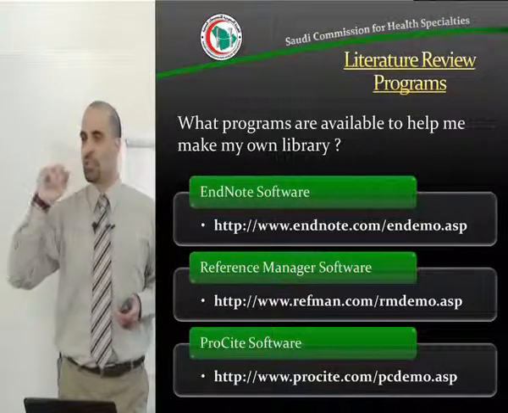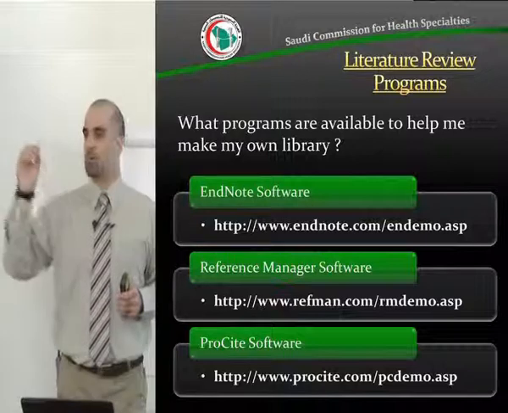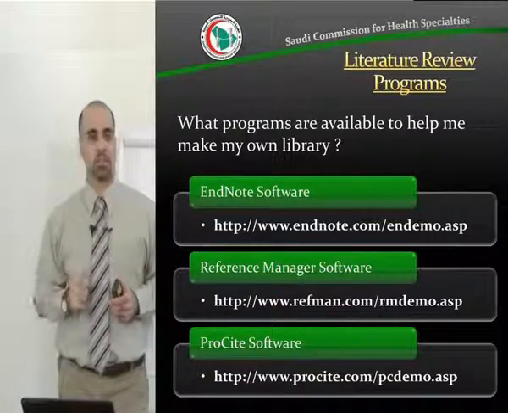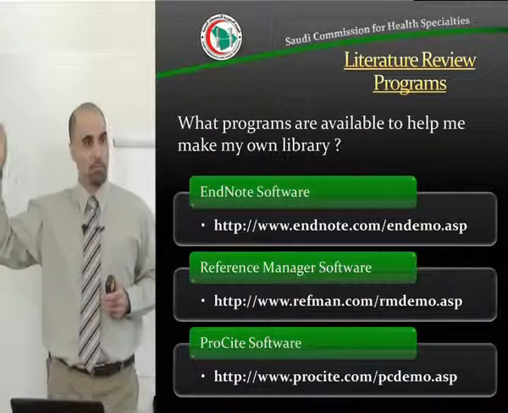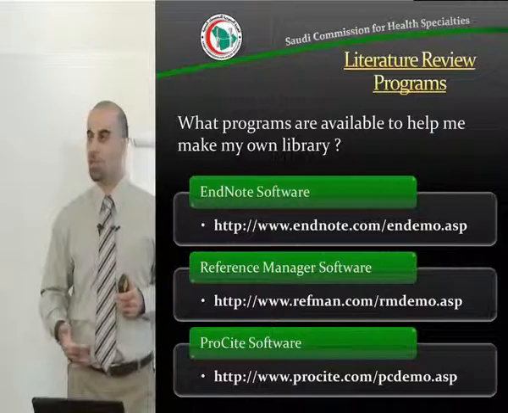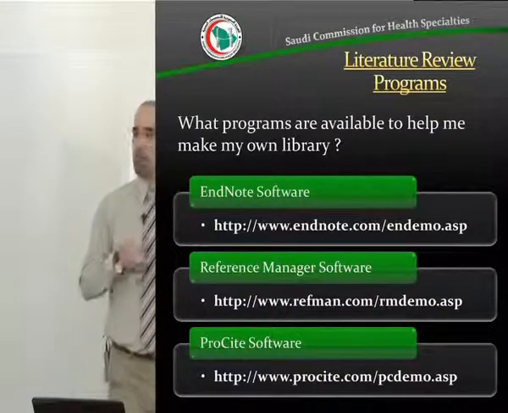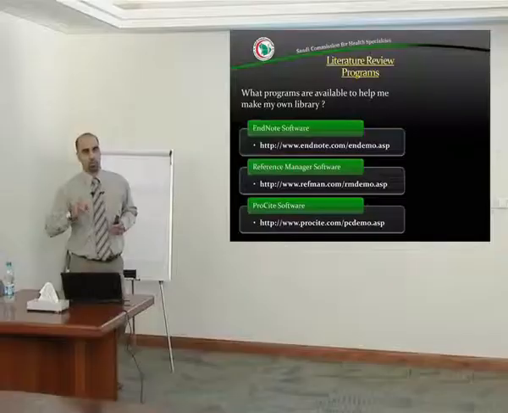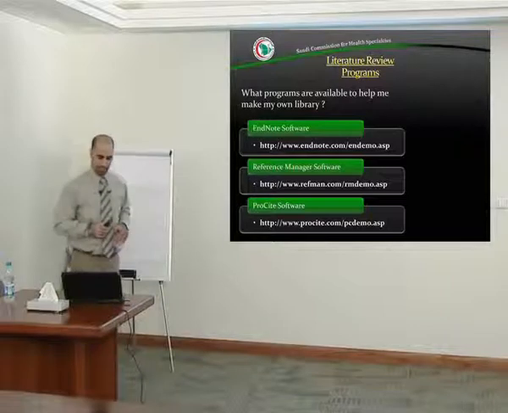So when you mention, let's say, Jackson et al. found this and that in their study that was carried out in 2007, you have to put the reference by putting a small number on top of it, and the list of references at the end will summarize all the references. So EndNote will organize the way you put your references at the end and the way you embed them into the body of the text.